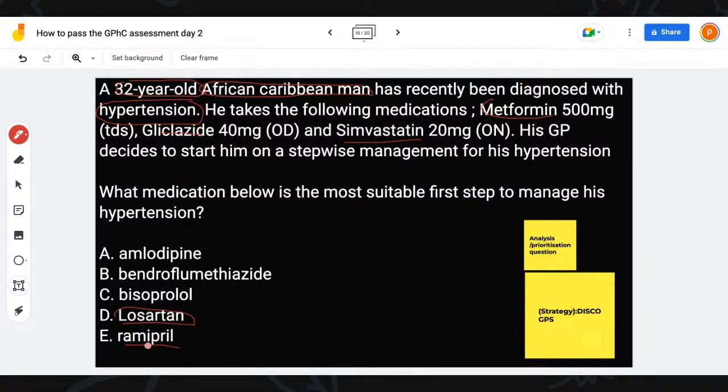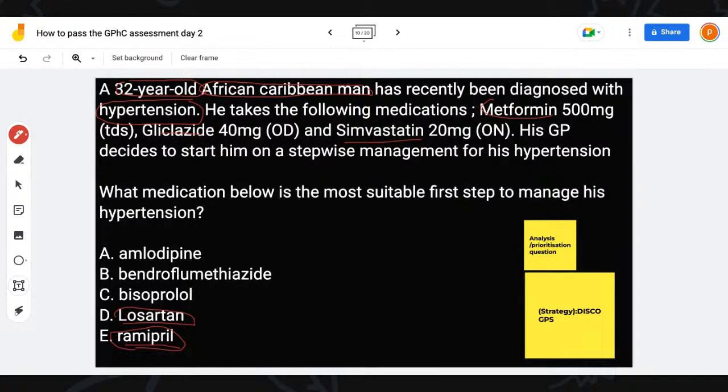So this ACE inhibitor is literally a distractor. Most of your distractors are plausible because in practice, it is not wrong. So you may see in your pharmacy, there may be some Black Africans that are diabetic on Ramipril. Nothing wrong with that. It's not a safety issue, like, oh my gosh, they're going to die. Because that's actually the guideline.